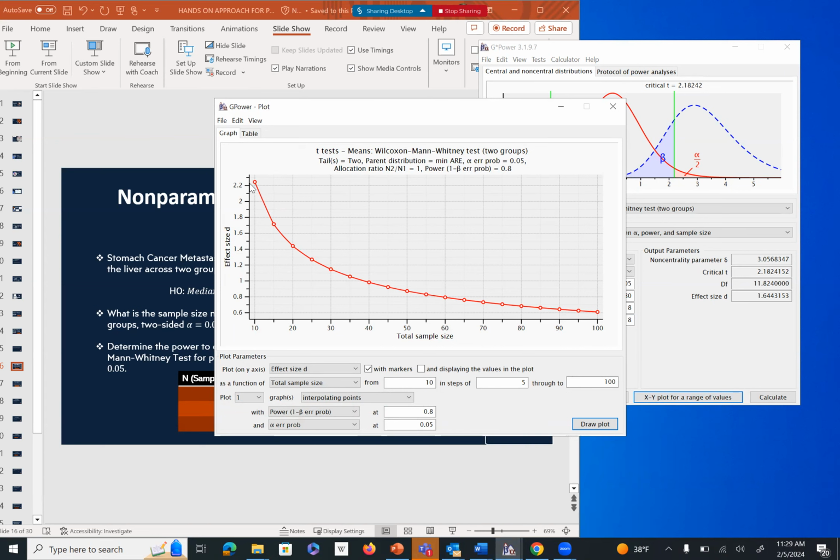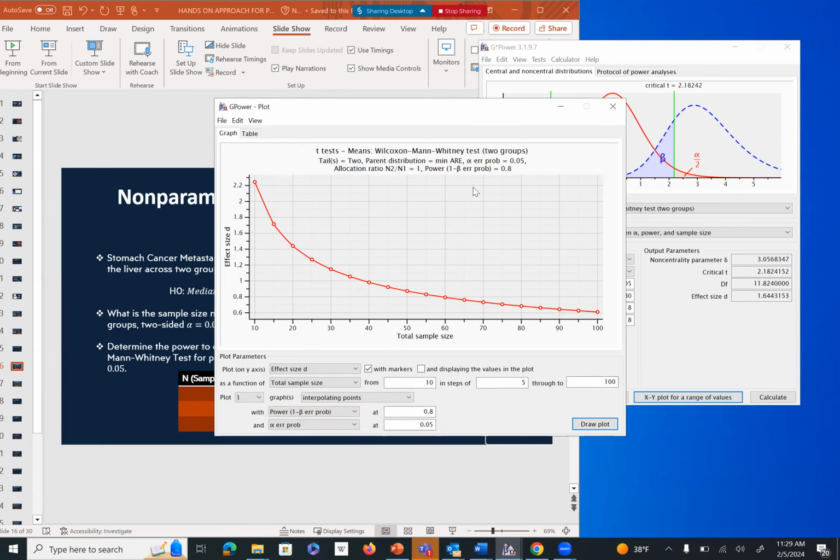When your sample size increases and keeps increasing, your effect size will become smaller, because it's pretty much saying that there is a smaller difference as your sample size is increasing. There will be a smaller difference between the two mice groups.